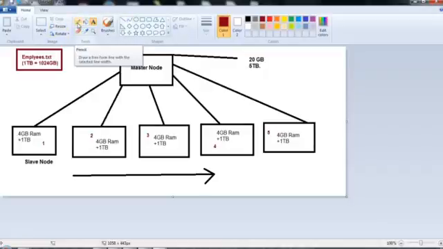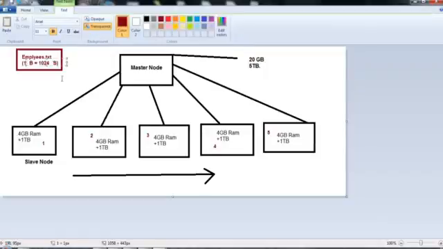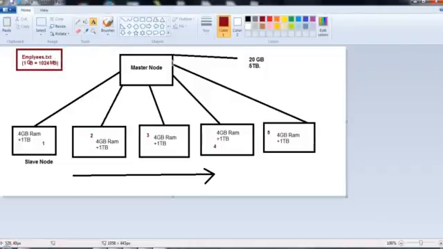For understanding, let's make it 1 GB, and this has 1 MB. Concentrate, guys. So we want to store 1 GB of data, which is equivalent to 1024 MB, into our cluster.